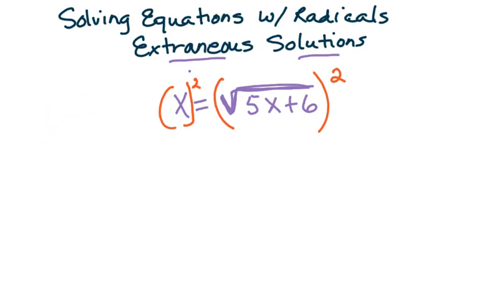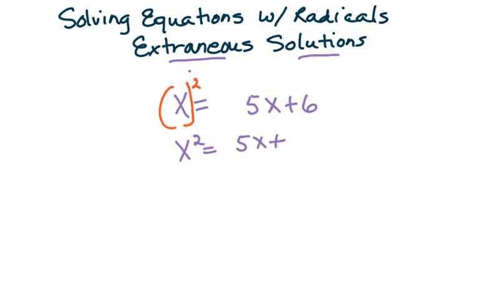Now, when I do this, watch. This all goes away. Everything goes away except what was in that radical sign. So now I have x squared equals 5x plus 6. Well, how do I solve that?